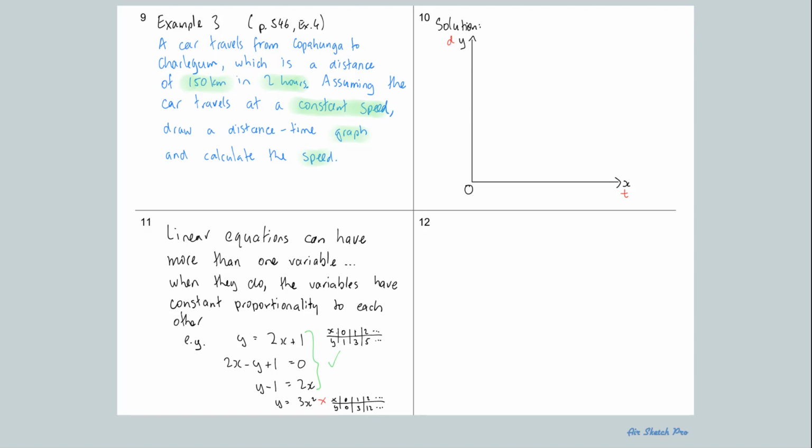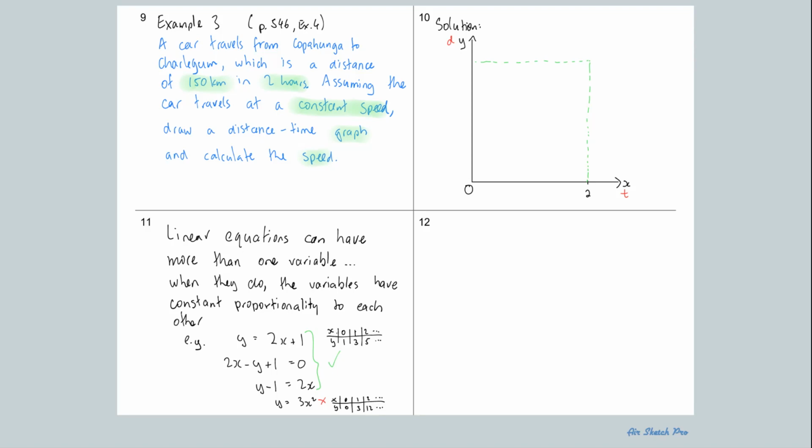It makes more sense to me because speed for us is almost always kilometers per second or kilometers per hour or meters per second. So I'm just going to say, well, I know what I've got. I've got 2 hours. That's my fact from my question. And I know that in 2 hours they've traveled 150. So I'm just going to go up and then across, nice and straight, isn't it?